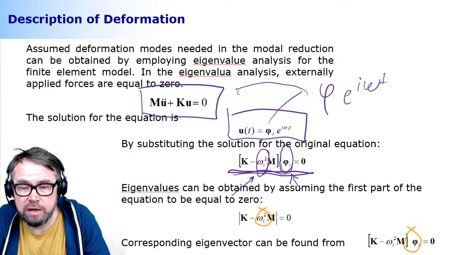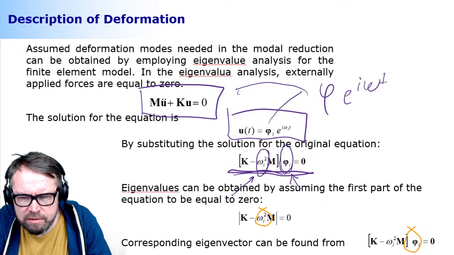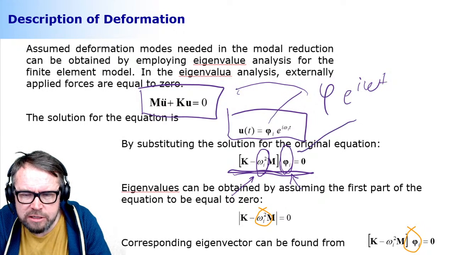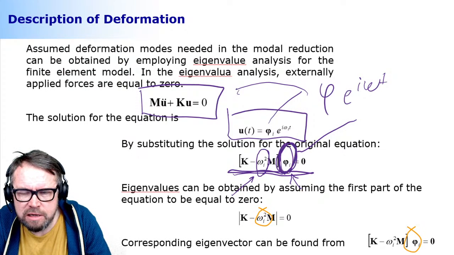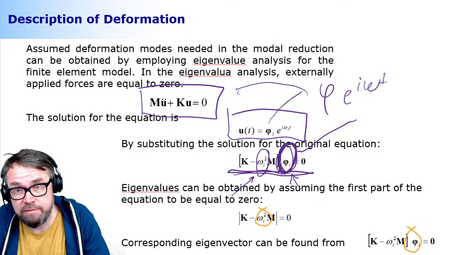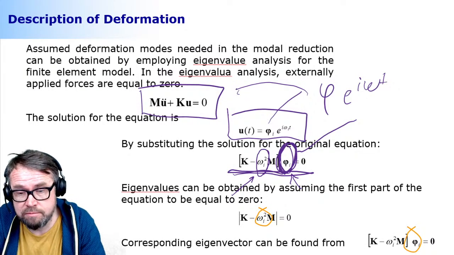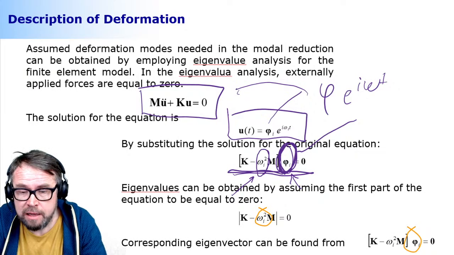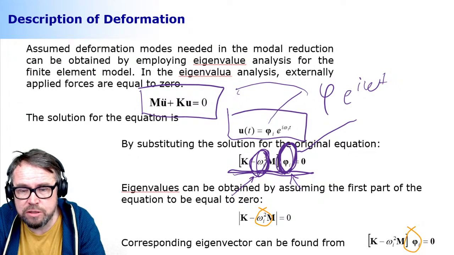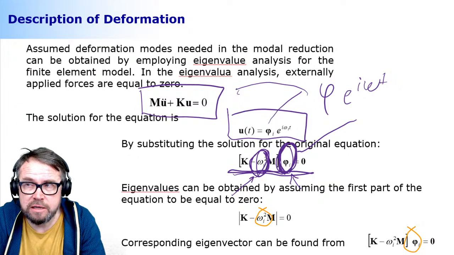This will tell me the associated deformation modes. What I'm really after here is this deformation mode. But as a side effect, or side product would be the better way to say it, I'm also able to see the natural frequency associated with that particular way the structure can deform.